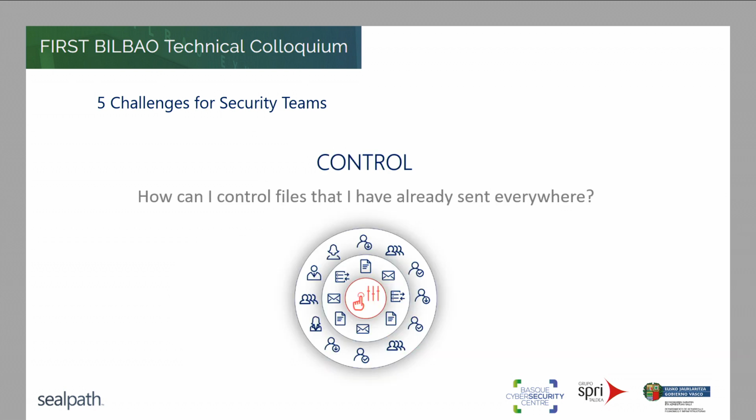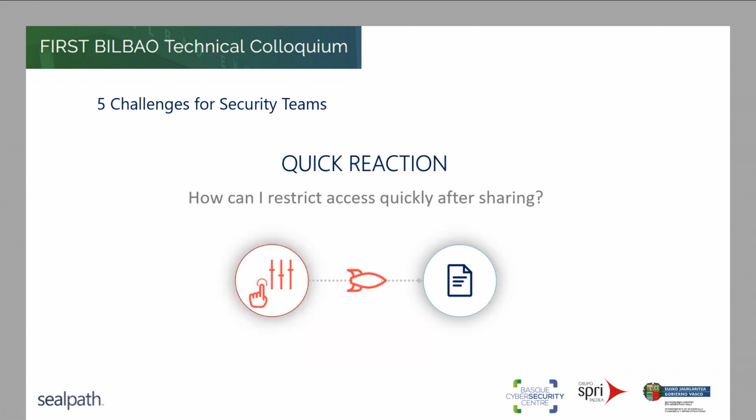How can I control, for example, that I send you a file, but I want you to only view the file, and I don't want you to print the file, save the file, copy and paste, etc.? How can you control this kind of permission? And how can I have a quick reaction? For example, if I'm stopping my relationship with a partner, how can I do that if I have shared 25,000 documents with you?